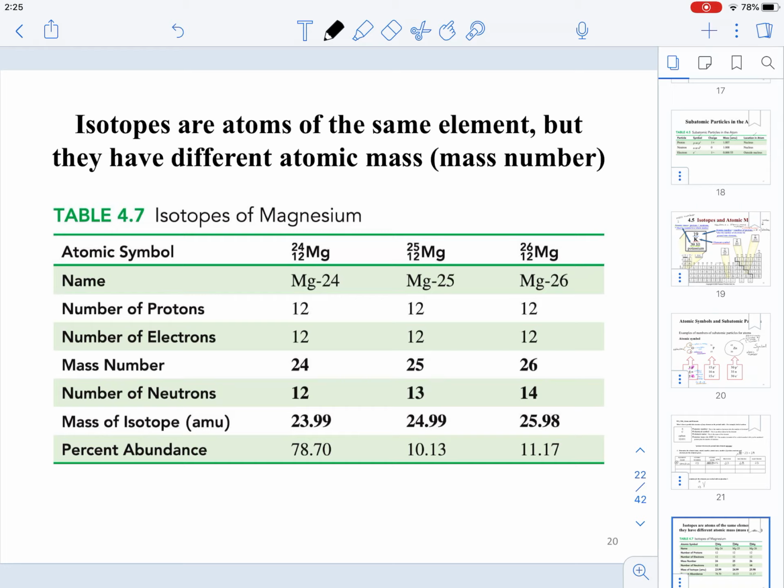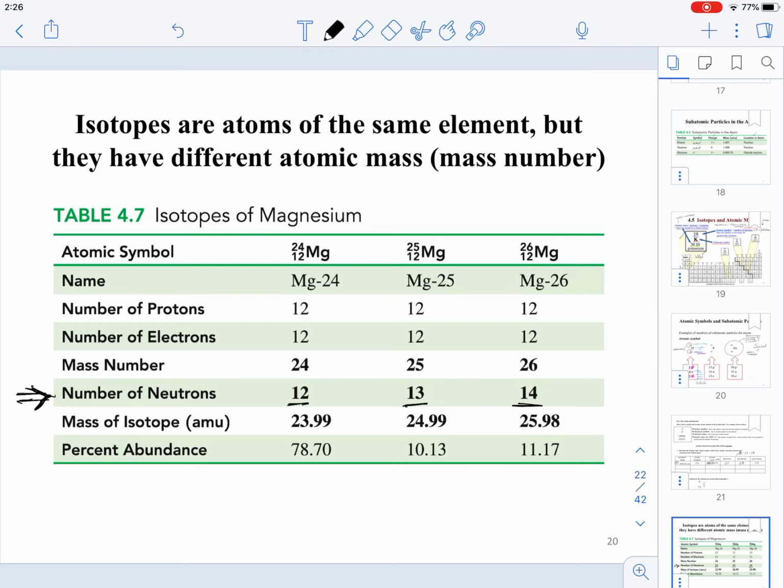When it comes to the application in terms of the atoms, as you can see, everything is magnesium. It's just that the difference between all these magnesiums is at the level of the number of neutrons. Why? Because each one of these isotopes, and this is just the example that we have in table 4.7 in the textbook for magnesium, the difference between all those isotopes is the number of neutrons.